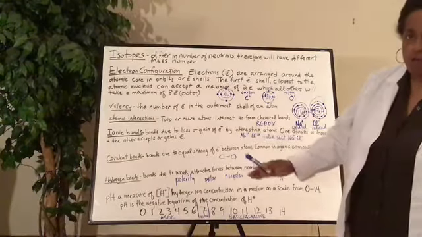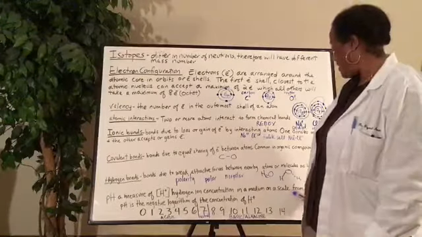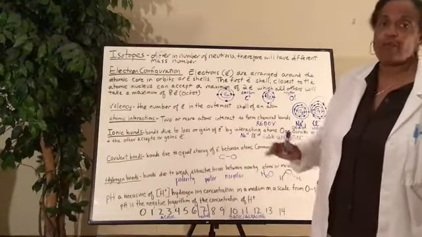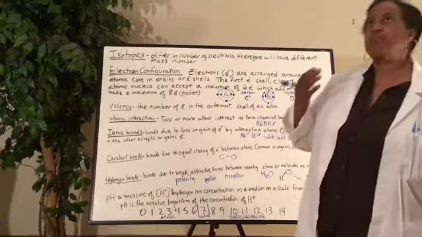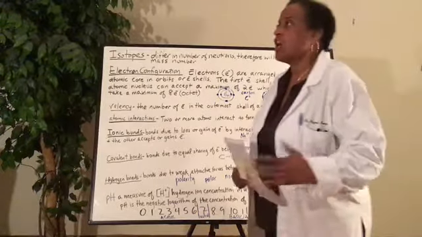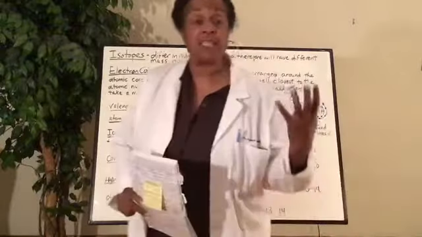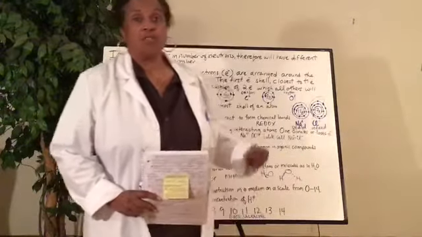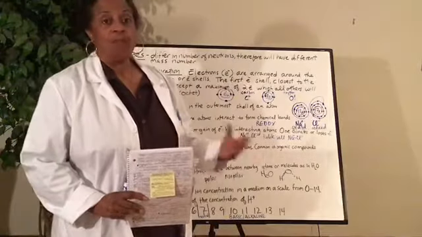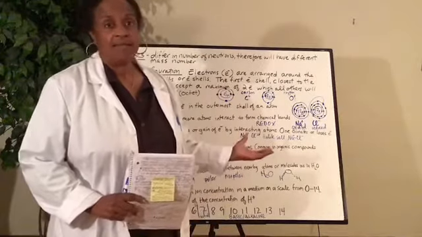We use the same scale everywhere in the world to check the pH of coffee, for example, tomato juice, ammonia or bleach, or your blood.